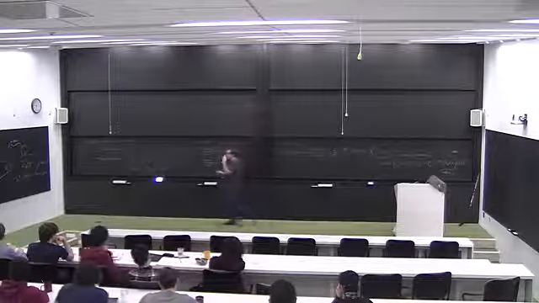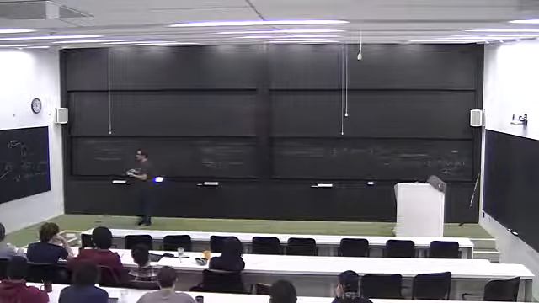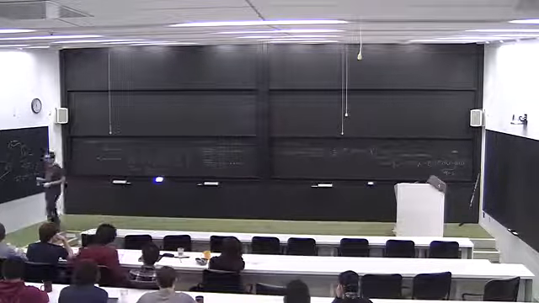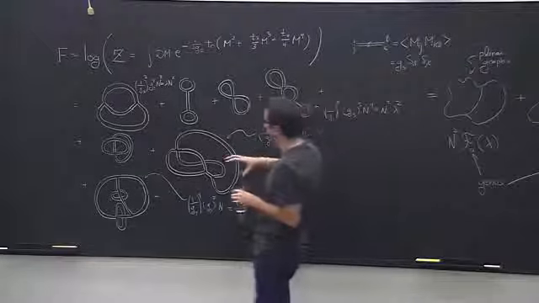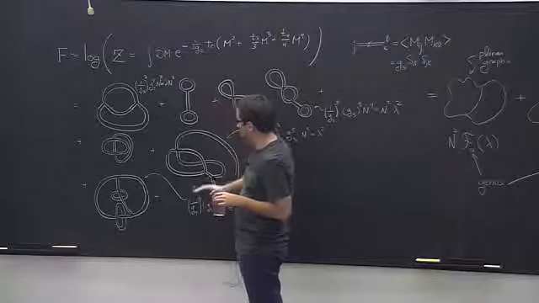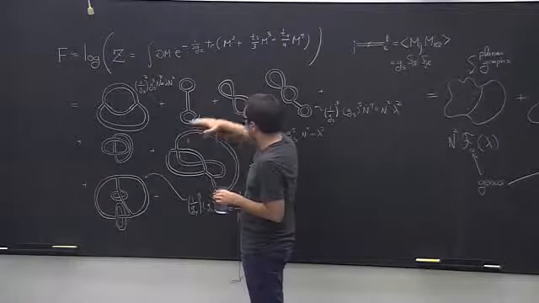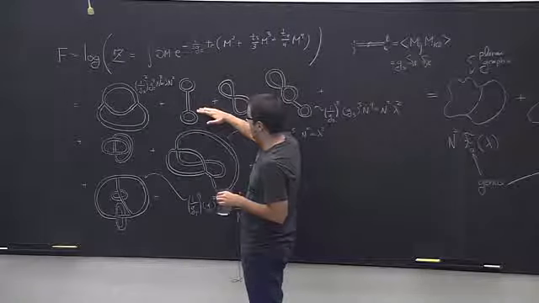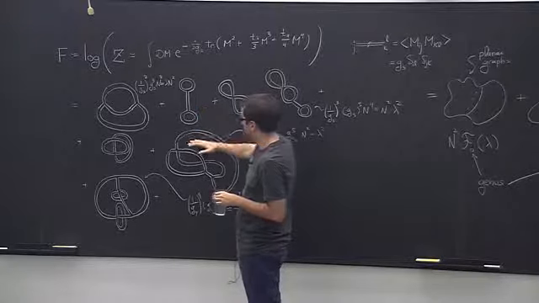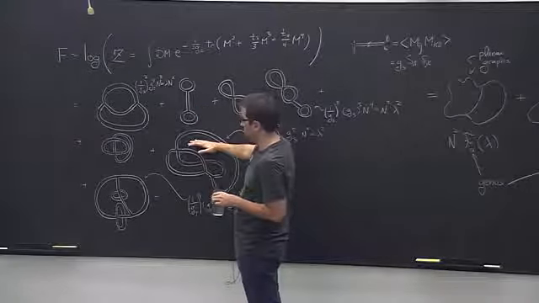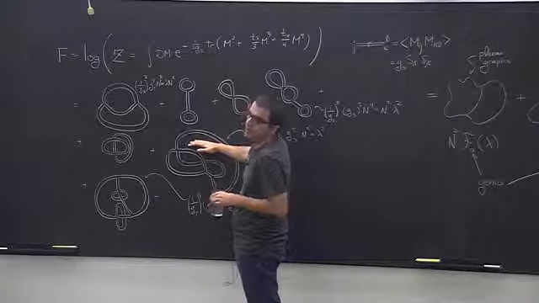Yesterday's argument was based on large n counting, based on the notion that the graphs, when you have some theory of matrices of size n by n, can be separated into different classes according to the topology on which they can be embedded. So there are graphs that can be drawn on a sphere, that are called planar graphs. Graphs that can be drawn on a torus with one handle, that are called non-planar graphs with genus 1.